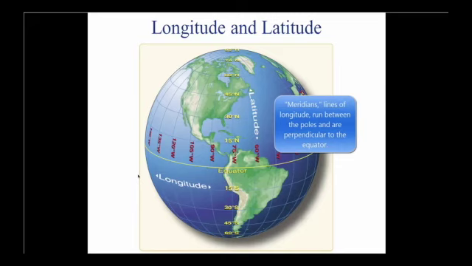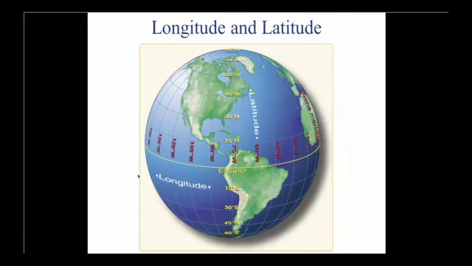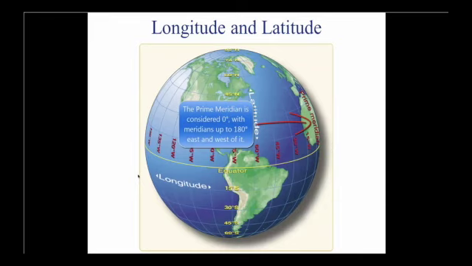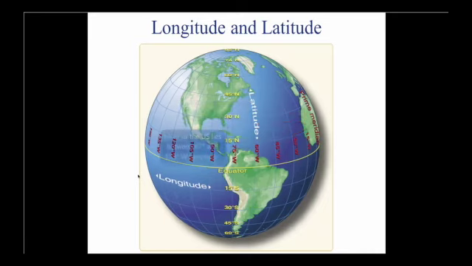Meridians of longitude are drawn from the North Pole to the South Pole and are at right angles to the equator. The prime meridian, which passes through Greenwich, England, is used as the zero line from which measurements are made in degrees east and west to 180 degrees. The 48 conterminous states of the United States are between 67 degrees and 125 degrees west longitude.